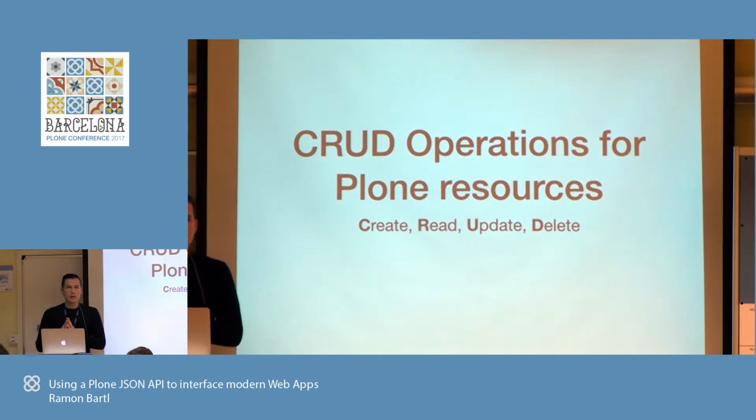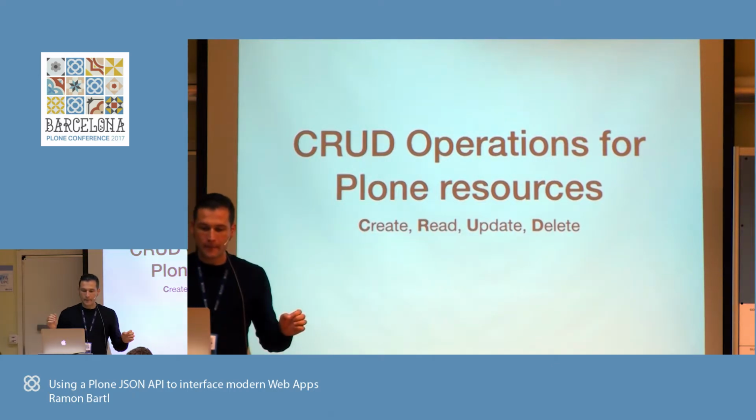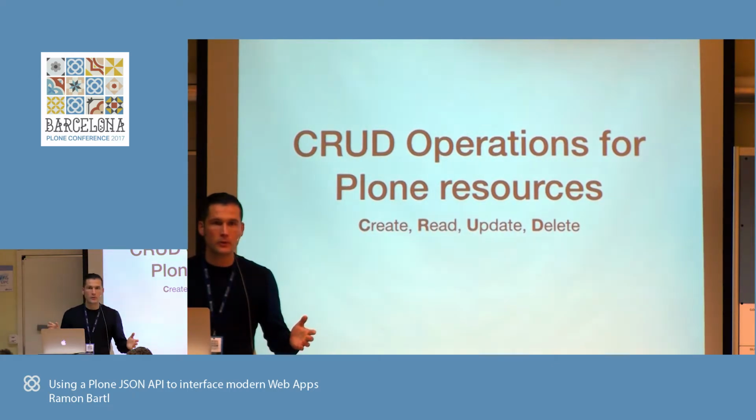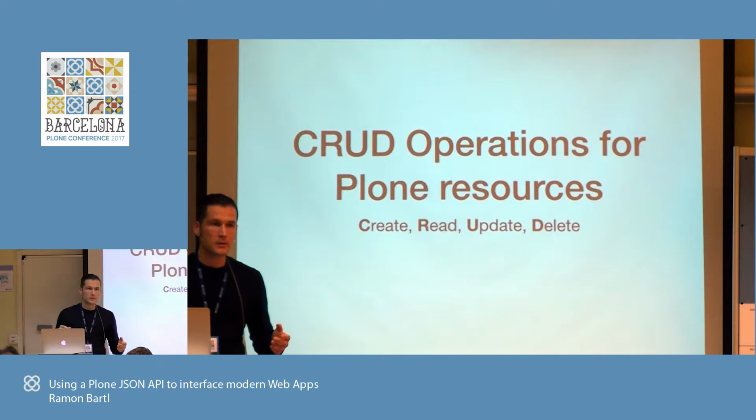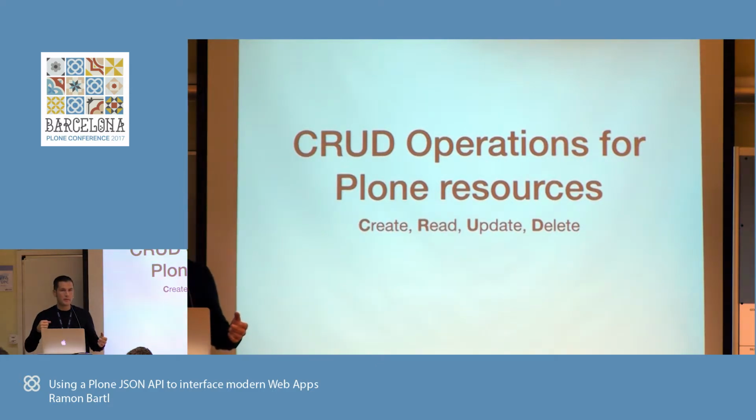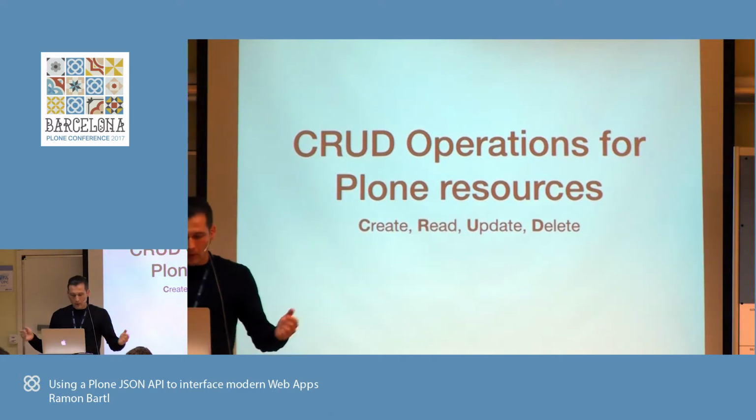Because the Zope publisher is limited, or was limited these days, to just GET and POST, I mapped all the writing operations to POST, because I had no PUT and no DELETE requests. That was grabbed by the publisher directly.